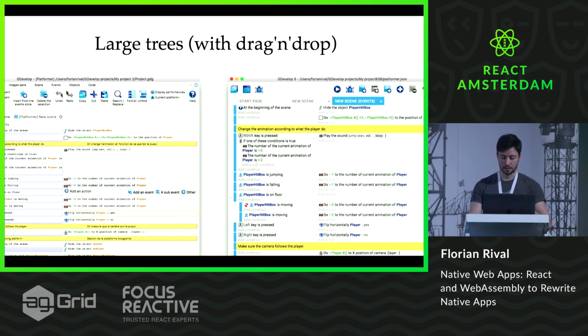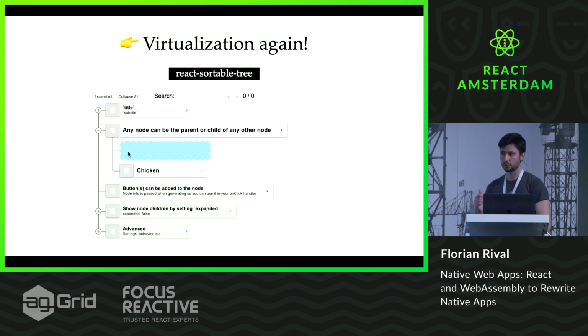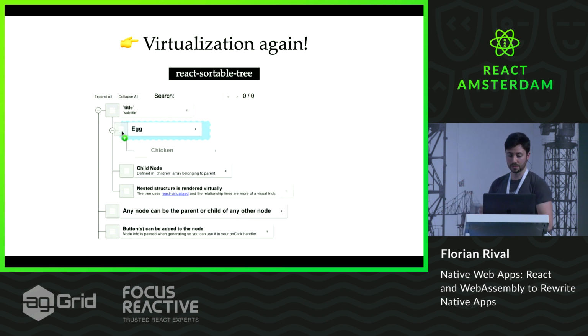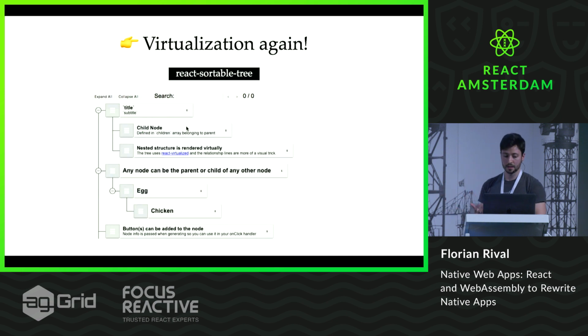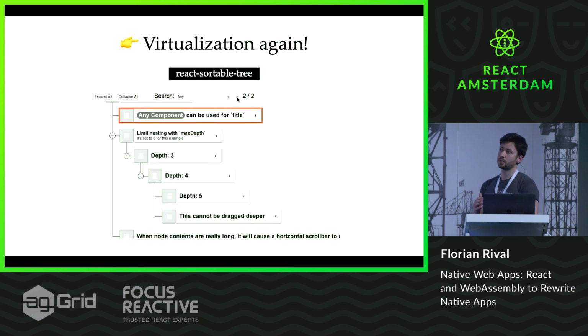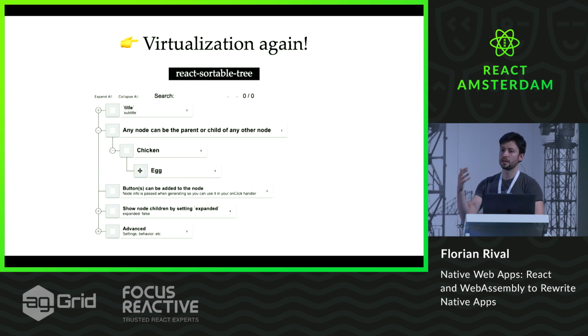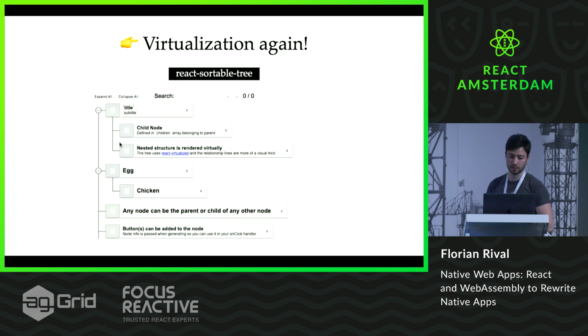And for this, turns out that virtualization was again a solution, using this time React sortable tree, which is basically doing what I want. It's displaying a tree of nodes that you can reorder again. And the interesting property is that as I have thousands of events in a game, I want to be able to virtualize them so that I have only a few events to render on the screen.